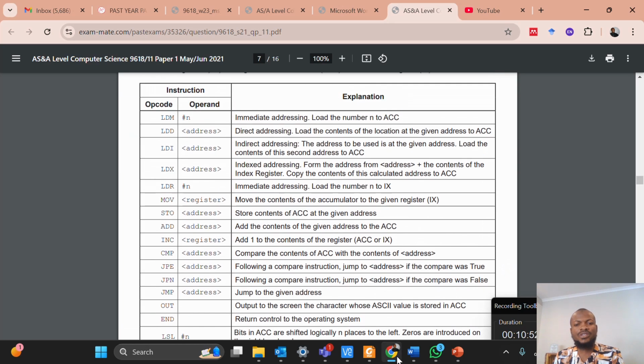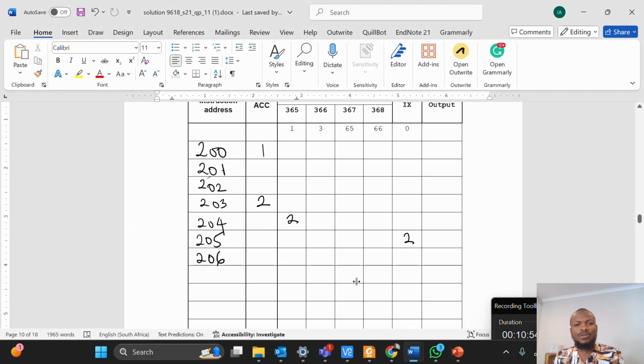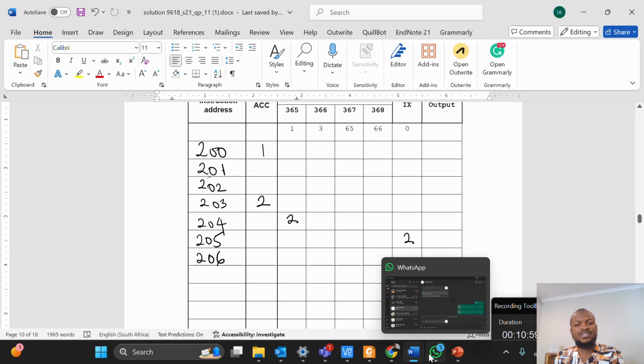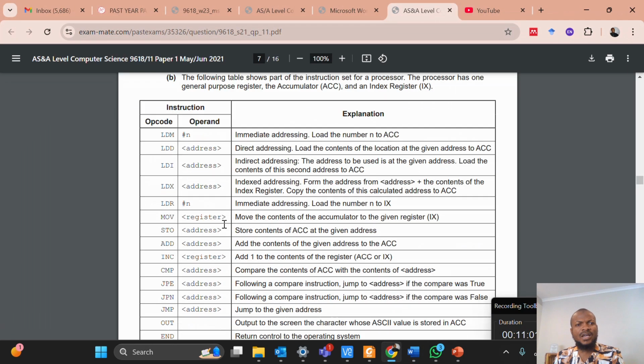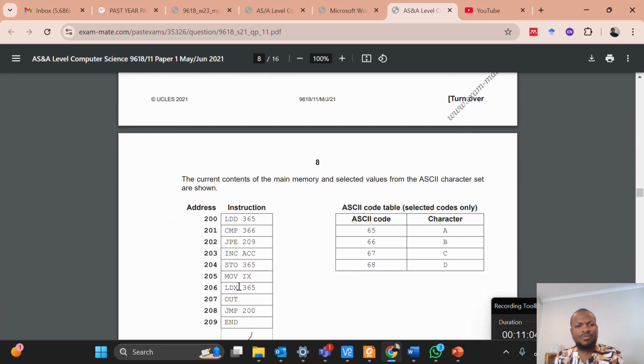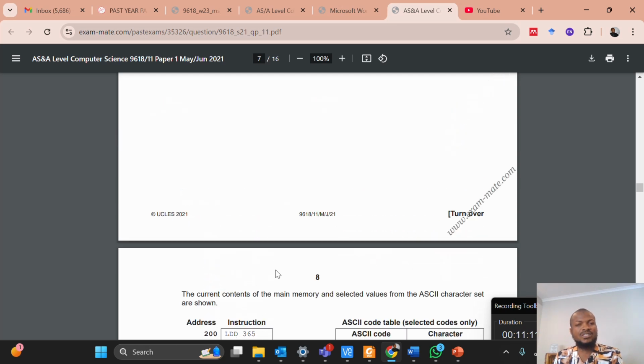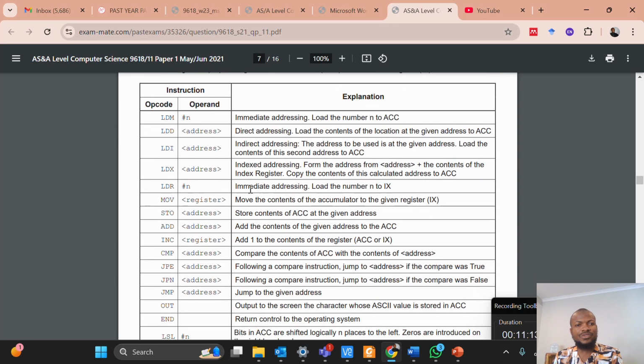What is the content of index register? Can you remember? It was 2. So 365 plus 2 is 367. So LDX 365 means 365 plus the content of index register, which was 2. That becomes 367. So you now copy the content of 367 to the accumulator.